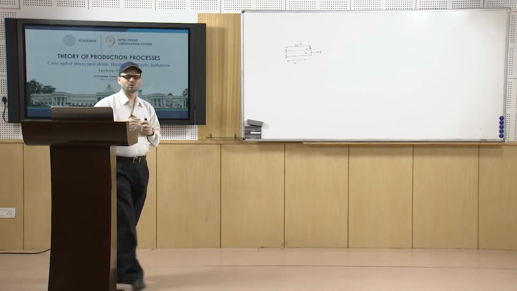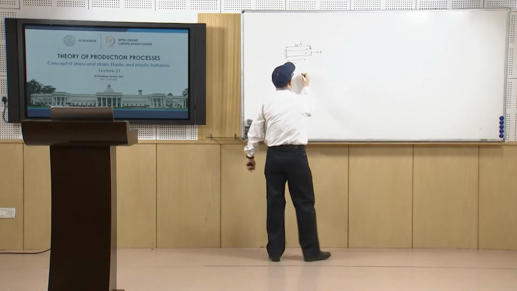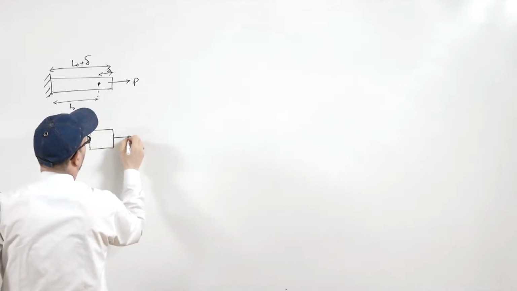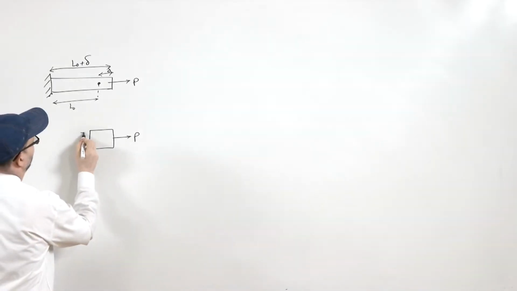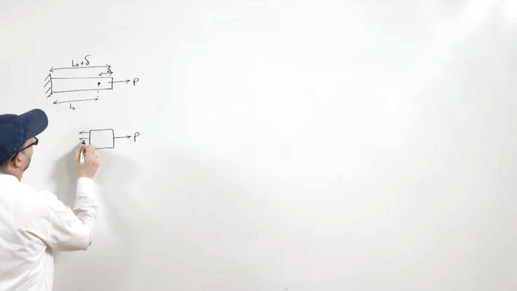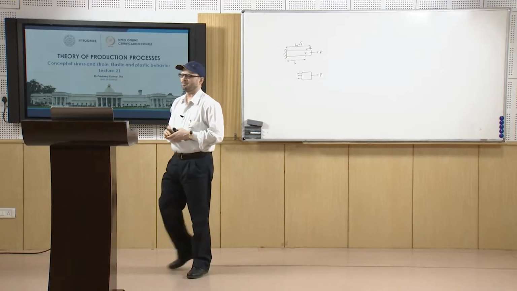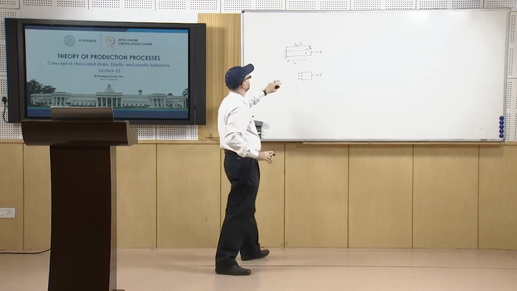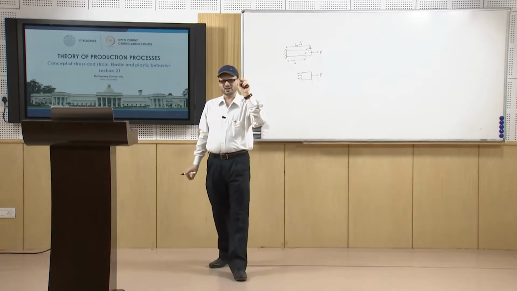Now, if you draw the free body diagram at any cross section, you have the load P, and then you will have a resistive force acting over this whole area. So you will have stresses acting at all these points, over very small areas.